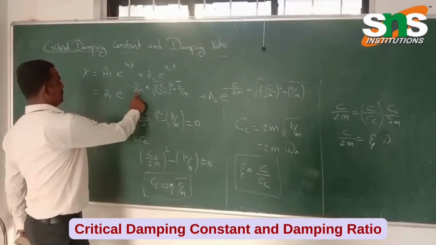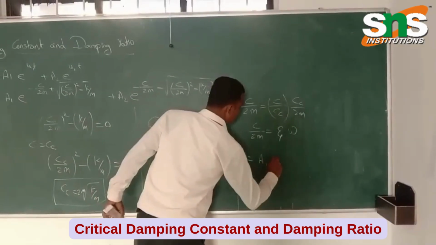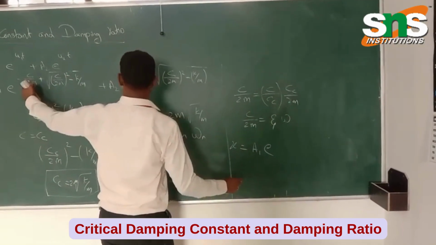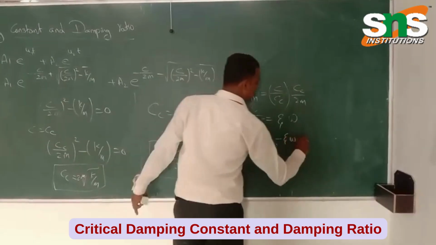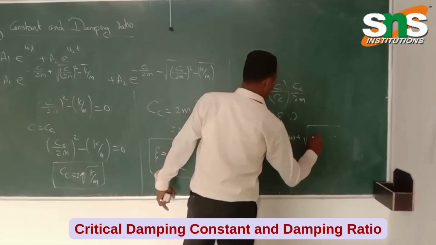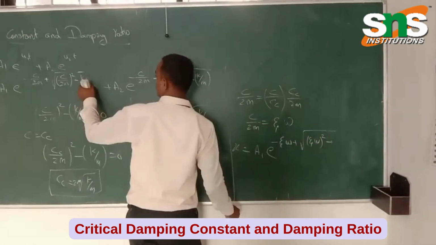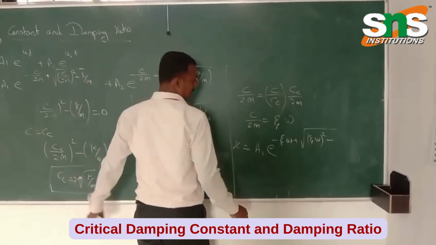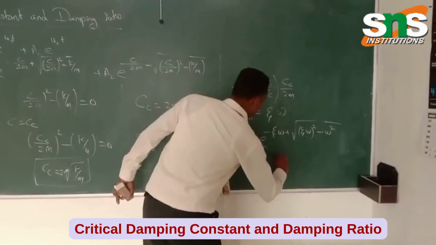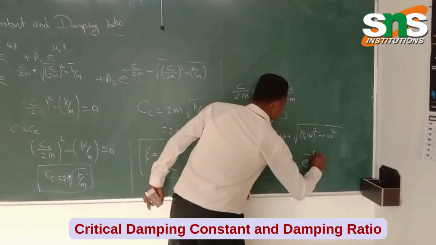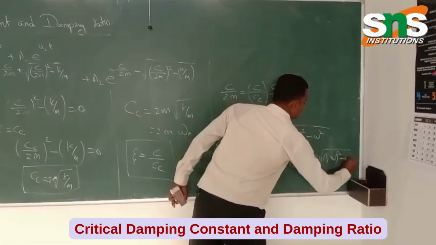Let us substitute here. So x will be a1 e power of, with the common term minus zeta omega, plus root of (zeta omega) the whole square minus k by m, which will be omega square. Then for the other term, a2 e power of minus zeta omega minus root of (zeta omega) the whole square minus omega square.